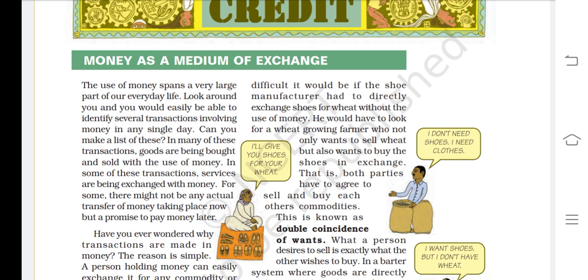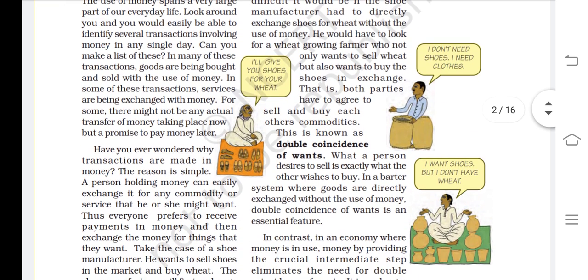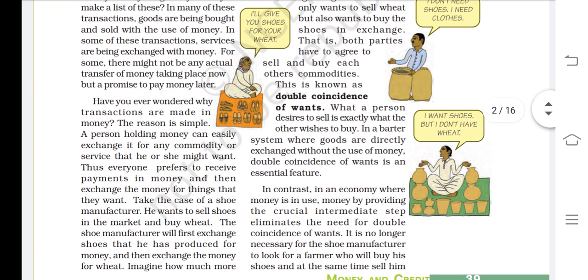A person holding money can easily exchange it for any commodity or service that he or she might want. As I said, if you want some service, you have to give money to the person standing in front of you, and he will give you the good or service. So it is a medium of exchange between you two. This is the simple meaning of money.